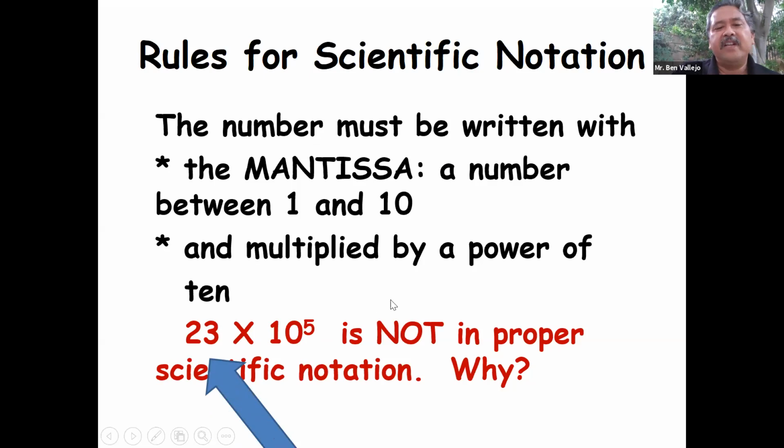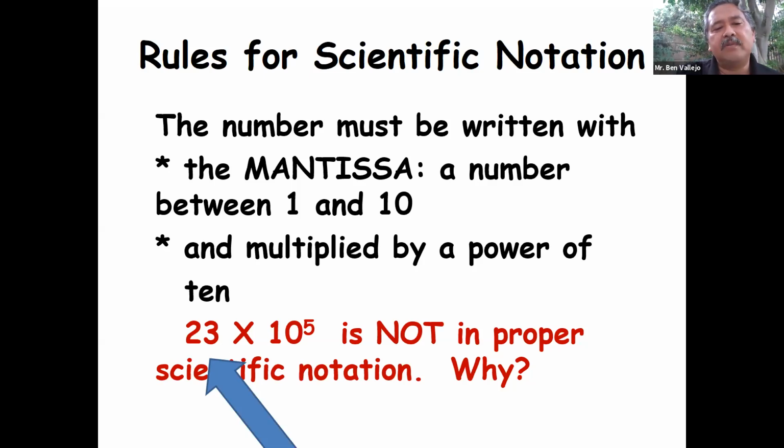Now this number right here is not in scientific notation, and the reason is that this number is not between 1 and 10. This number is over 10. It's 23. So 23 times 10 to the fifth is not in proper scientific notation. So we somehow have to move the decimal and understand that the decimal is to the right of a whole number, so it would be right there.